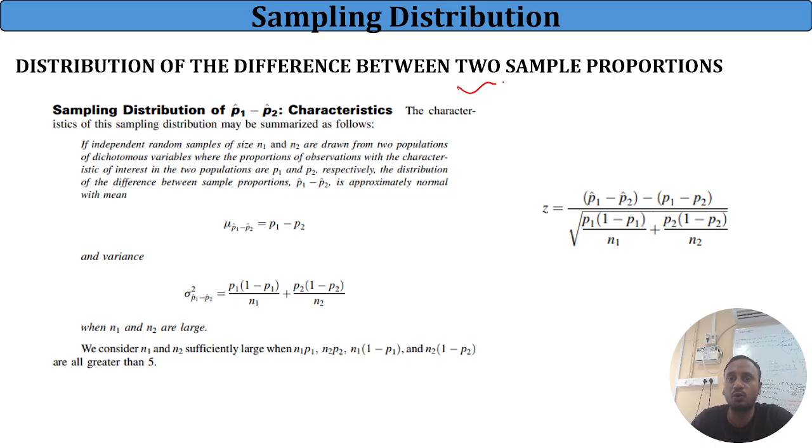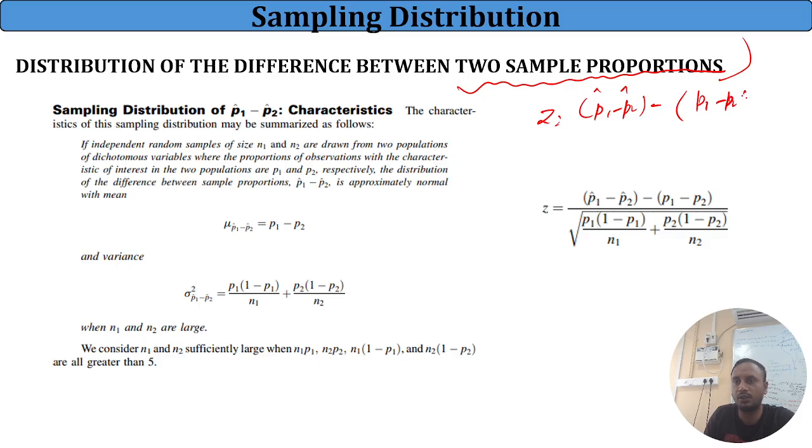Now, if we have two sample proportions, what is the value that we're going to calculate? Z is equal to, in a similar way, p hat1 minus p hat2 upon the same kind of term. We'll get to know this more when we solve the problems.